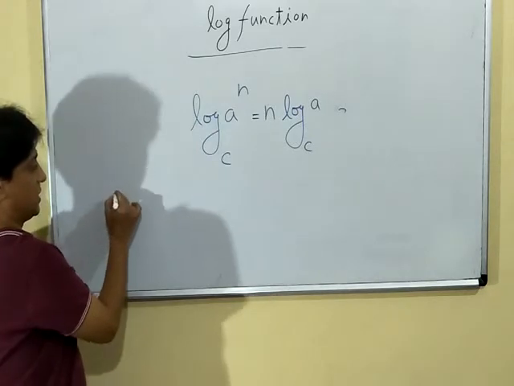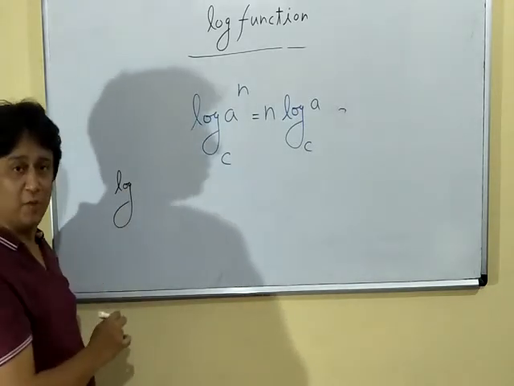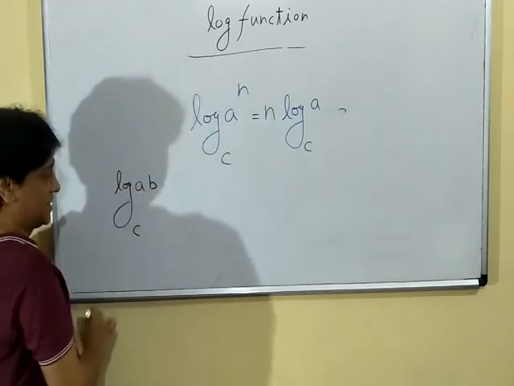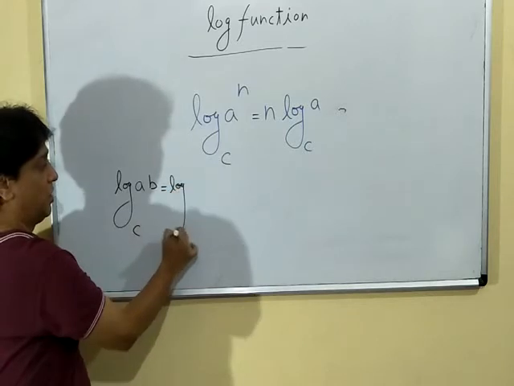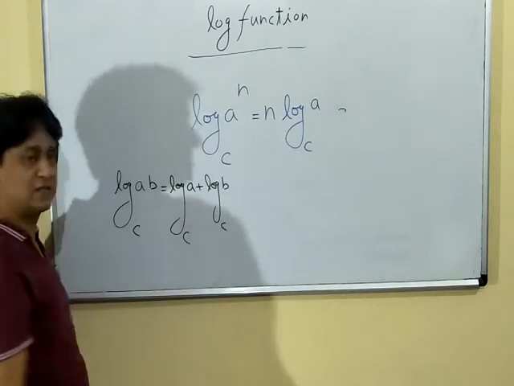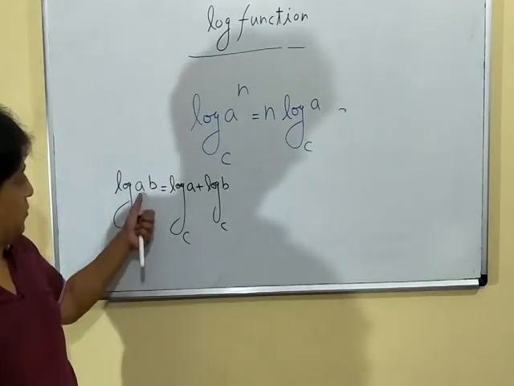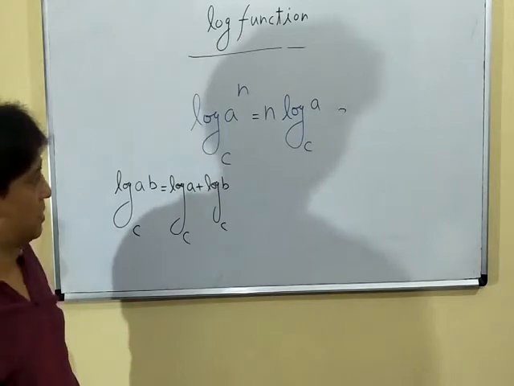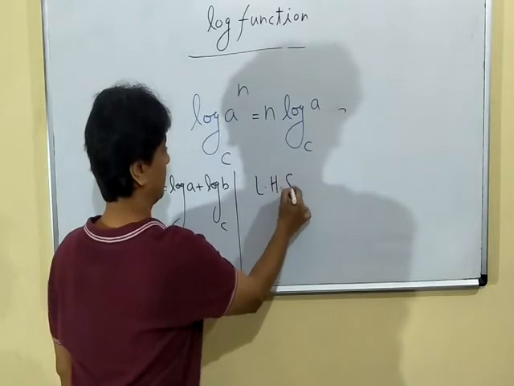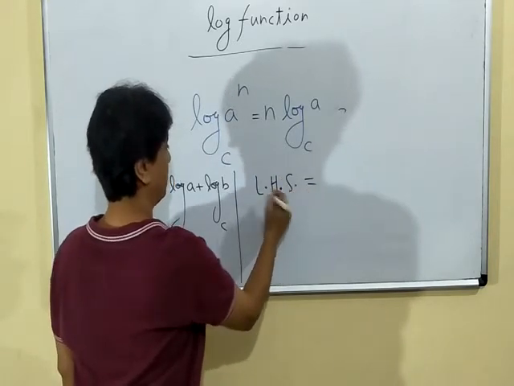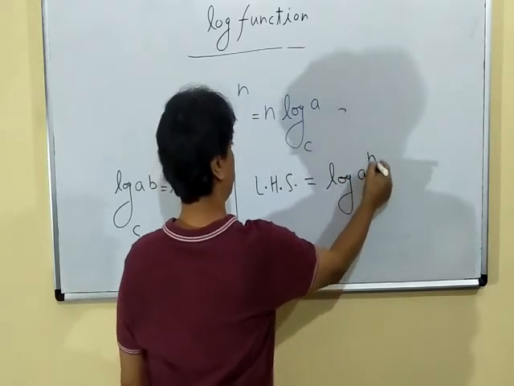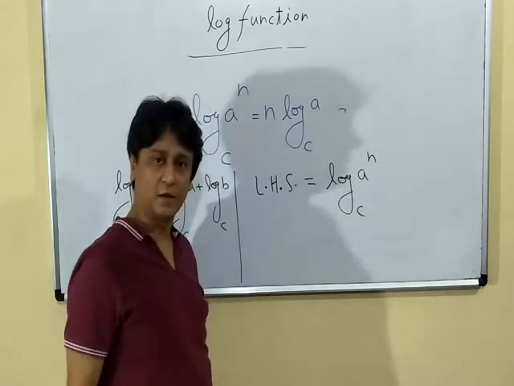We first developed the product rule, that was log of a into b base c, and that was log a plus log b, same base c. In a product, powers add. Now let's look at the left hand side. Left hand side is log a to the power n base c.